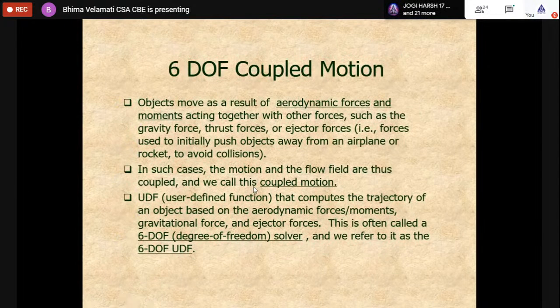The last one, which is very important for most practical applications, is called 6 degrees of freedom. You have problems where, because of the aerodynamic forces or the moments that you calculate, the object should move.